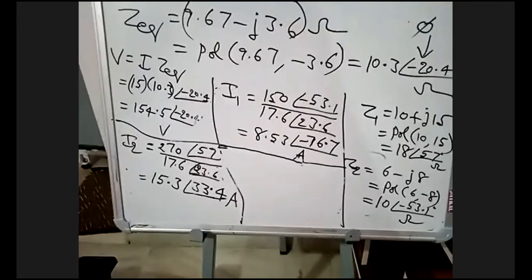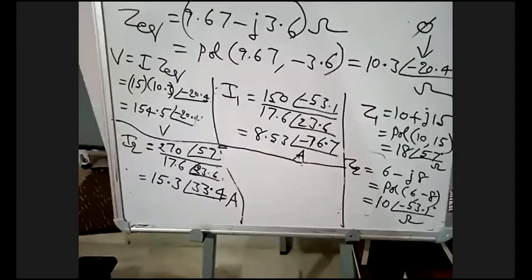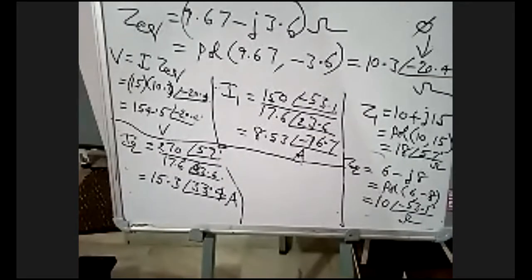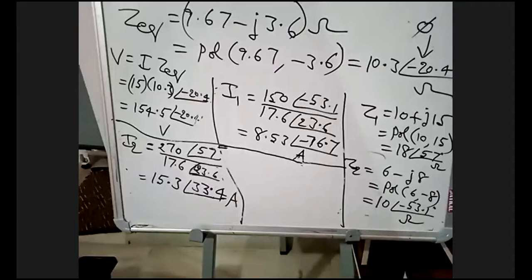I have already told you, whatever angle we get for Z, that is your phi. Then what is this angle? Z1 angle is phi 1. Z2 angle is phi 2. Remember that Z1 angle is phi 1 and Z2 angle is phi 2.